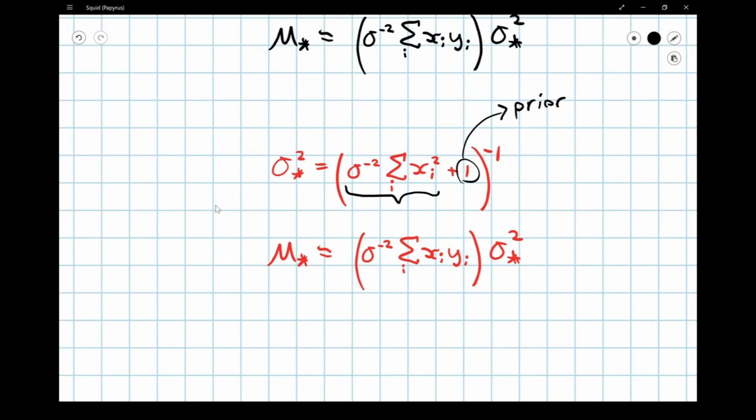So the information contained in the data dwarfs the prior. Essentially, the more data there is, the less you have to rely on the prior. It's not completely true all the time, but it is in this case. And again, it's a sanity check that this seems about right.